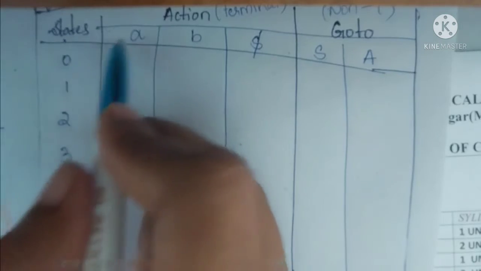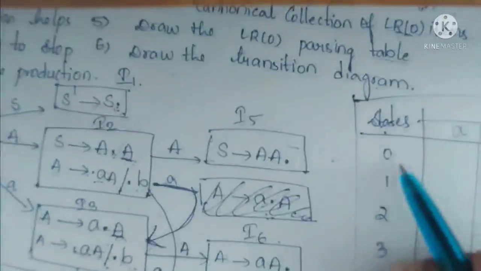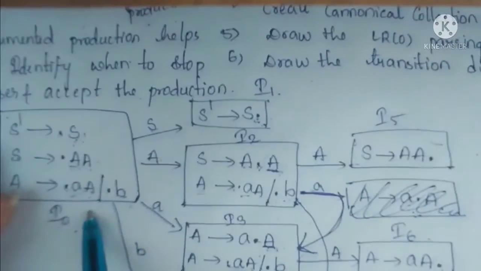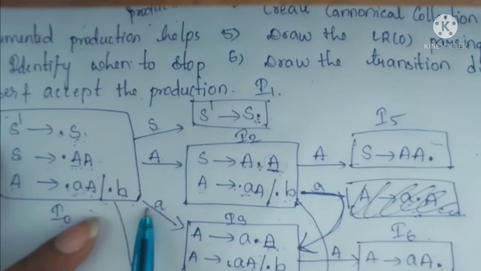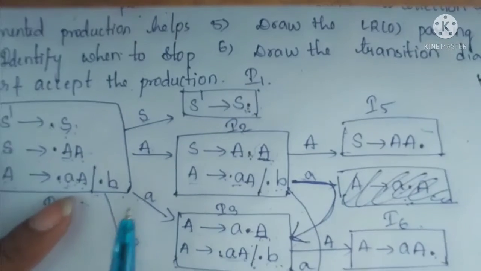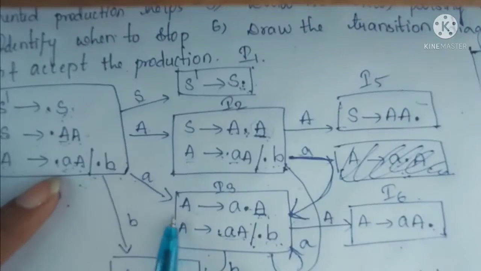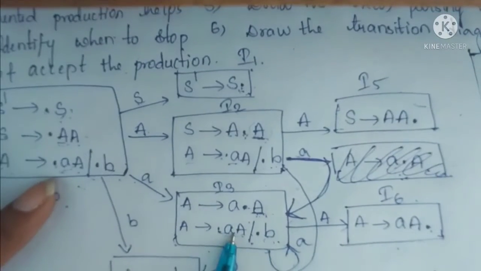From I0 we are moving on the A symbol. From I0, this is the I0, right? From I0 check the A, where it is moving. From I0 on A, it is going to I3. So this I3 you should not write directly as I3.